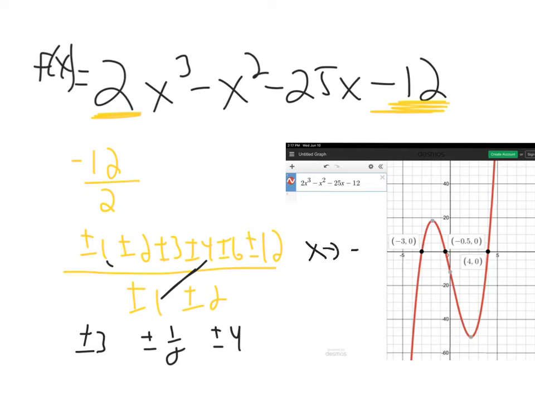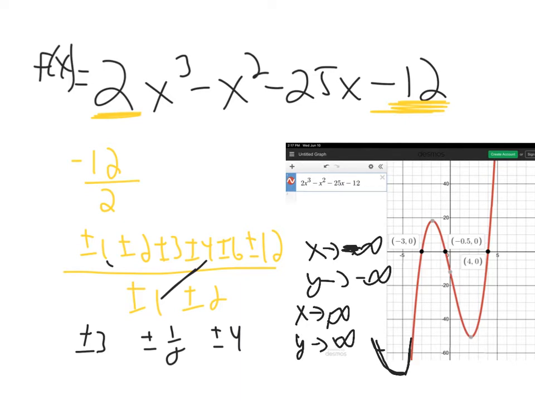As x goes to negative infinity, y also goes to negative infinity, so this can't turn around. And as x goes to positive infinity, y also goes to positive infinity, and so again, that can't turn around and head back down and give me another zero. So I know these are the only 3 zeros.